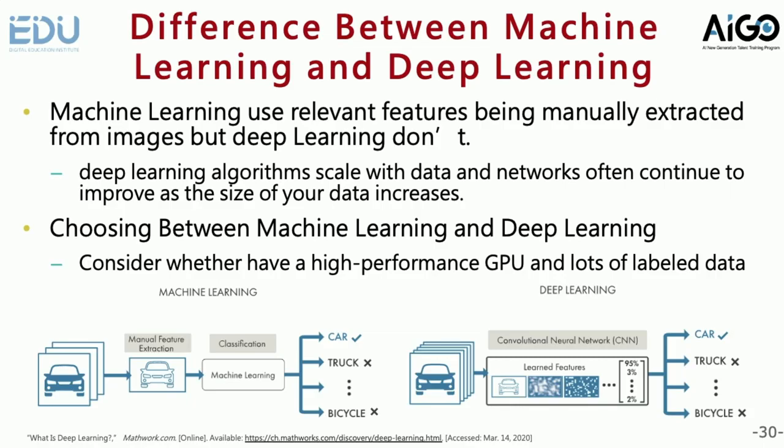For traditional machine learning, the designers need to define what kind of features should be selected and input them to the classifier to get the final result.